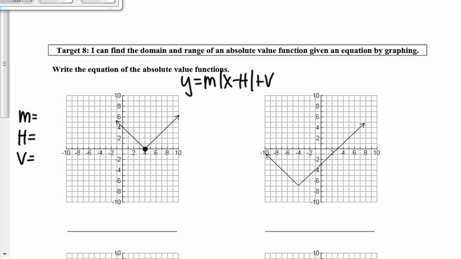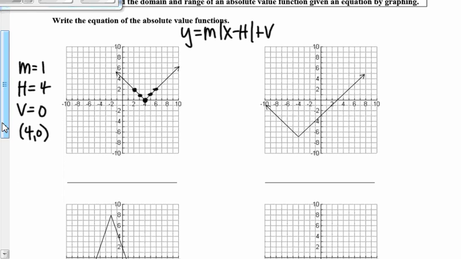The vertex here is at the point 4, 0, which means h is 4, v is 0. Looking at the slope, I can see it's positive because it's opening up, and it looks like a slope of 1. So our equation is going to be y equals, and you could put a 1 there, but you don't have to, we assume it to be there, the absolute value of x minus 4. I flipped the sign of h, and I could put a plus 0 if I wanted to, but I don't have to.